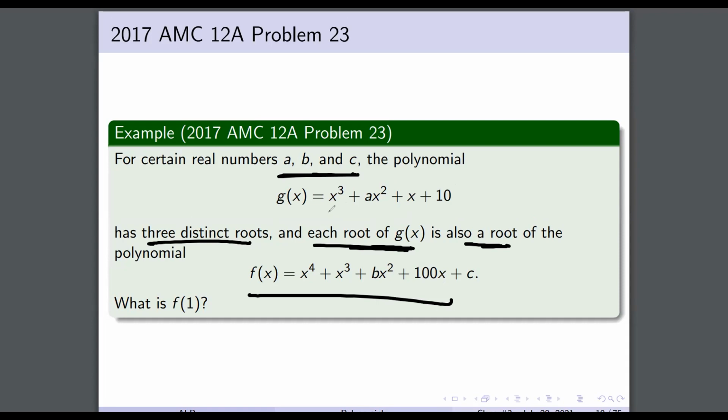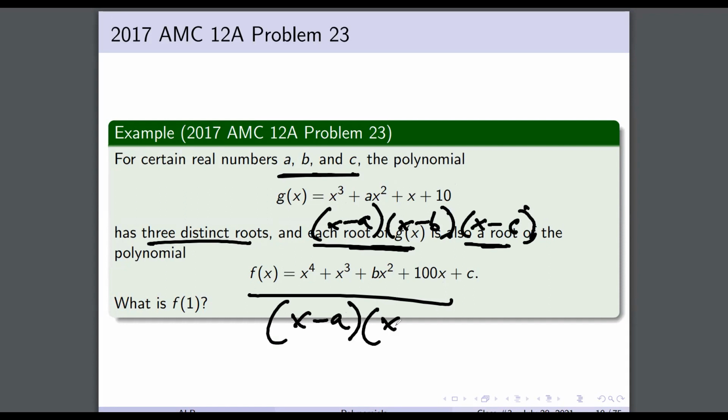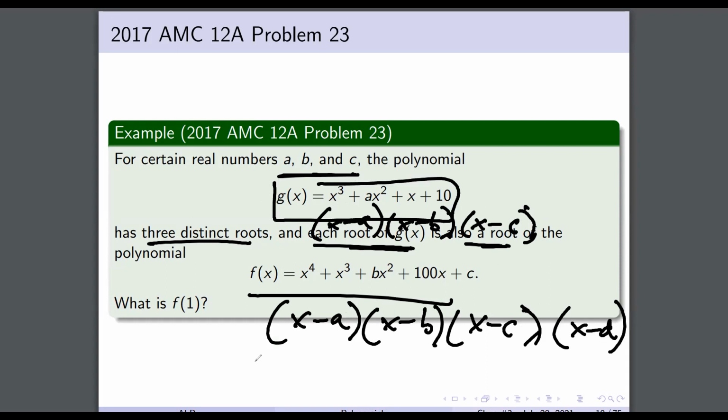Thus, if we can write g as x minus a, x minus b, x minus c, we know that f can be written as x minus a, x minus b, x minus c, and x minus d, which means that g of x will divide f of x.